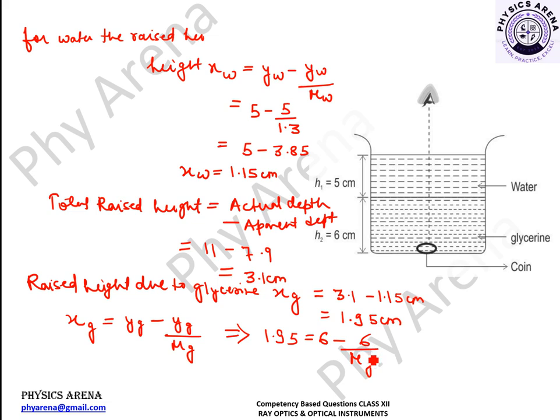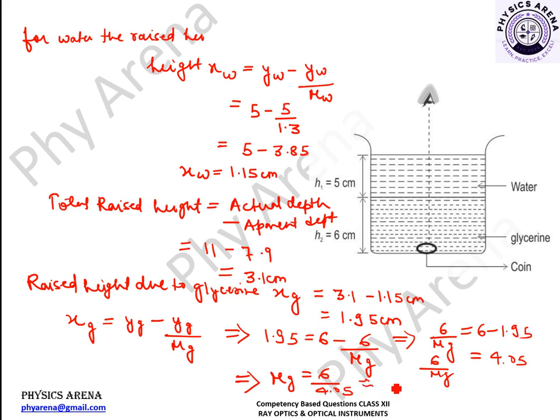If I take this 6 by mu of G toward the left hand side and solve it, it will become 6 divided by mu of G is equal to 6 minus 1.95, and that will be 4.05. And if I cross multiply, this will give me mu of G is equal to 6 divided by 4.05, that is approximately equal to 1.48. So we have obtained the refractive index of glycerine, that is 1.48, and this is the required answer.